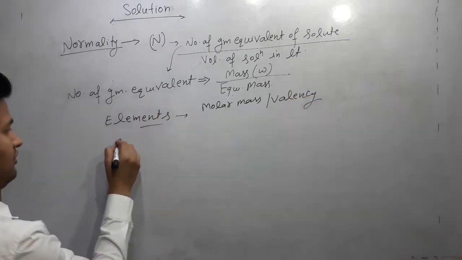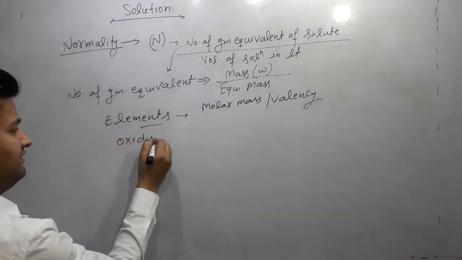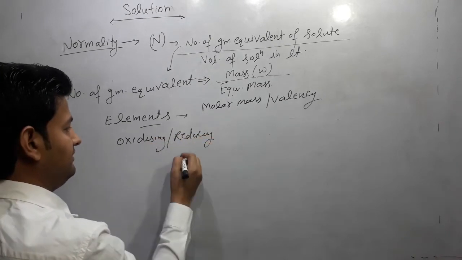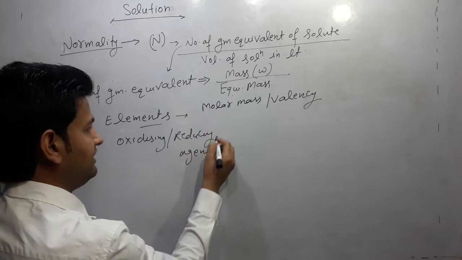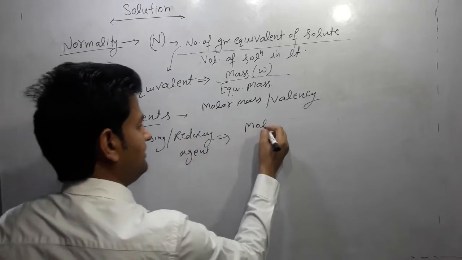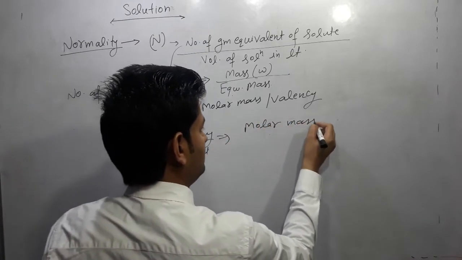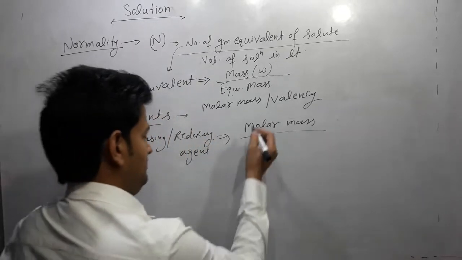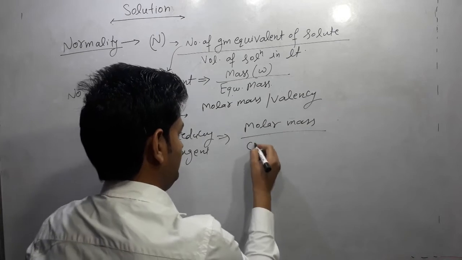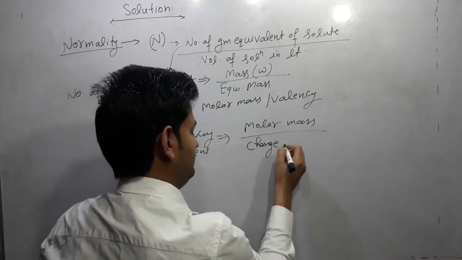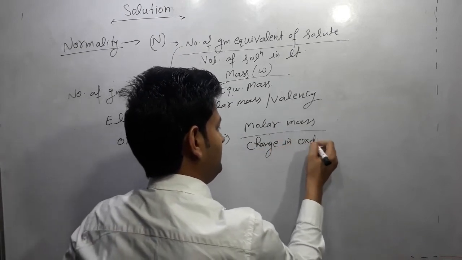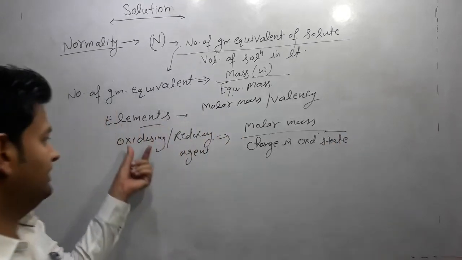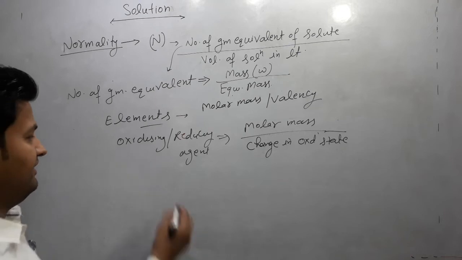And in the case of an oxidizing or reducing agent, we use molar mass by the change in oxidation state of the oxidizing or reducing agent.